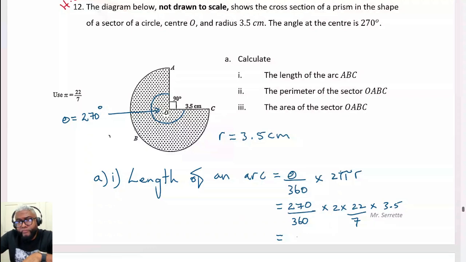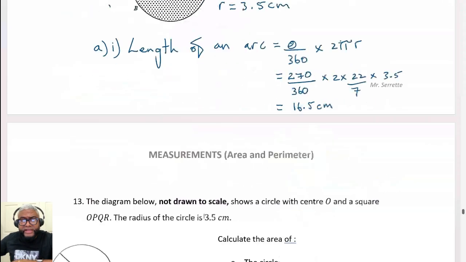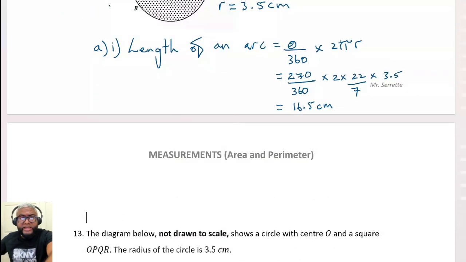We'll get 16.5 centimeters. It's not square, that's the length. Yes, excellent, that's correct. We're looking good right now.